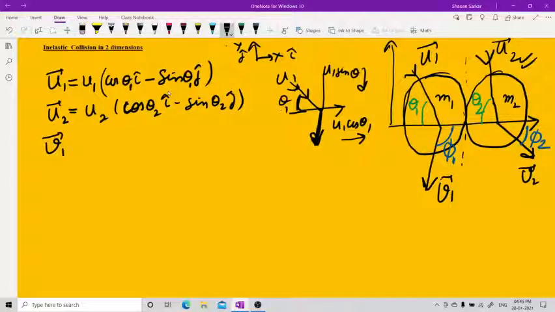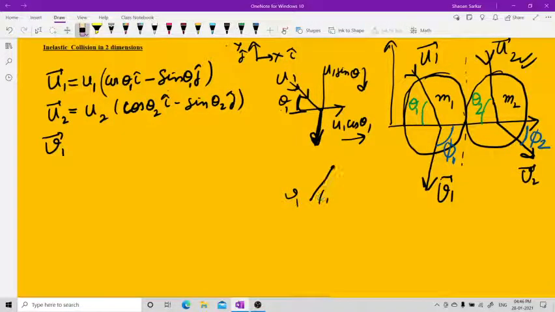V1 similarly will have a cos phi and a sin phi component. Let me tell you like this. Your v1 is coming in this manner. This is your phi 1. Sorry, not this way.